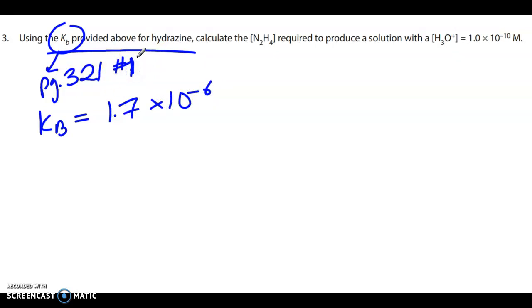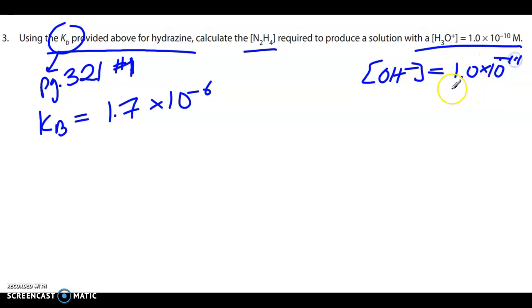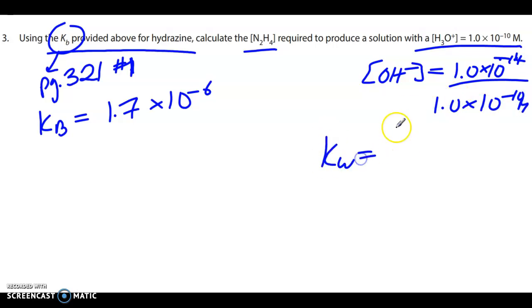Number 1 calculates the concentration required to give us a hydronium of this. So hydroxide would be 1.0 times 10 to the negative 14 over this. Remember, we're using this relationship. I'm going to need another part to this video.